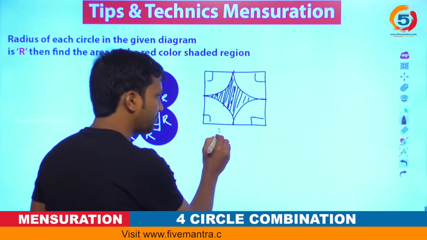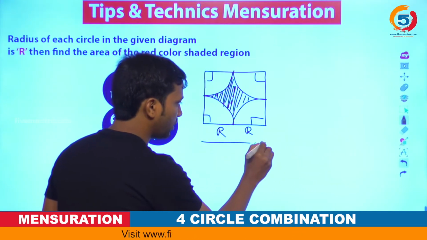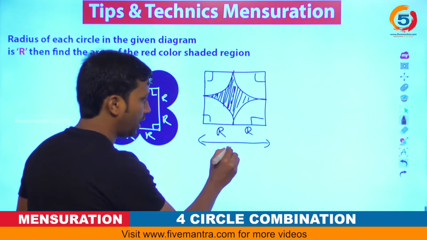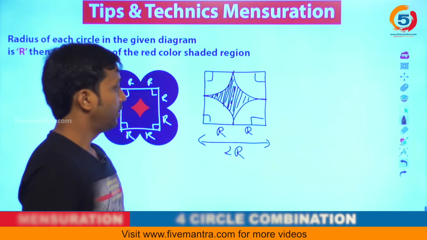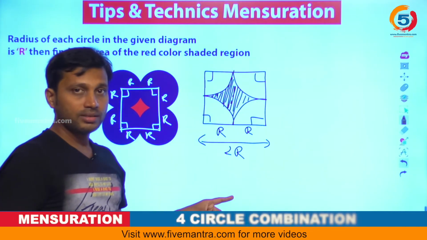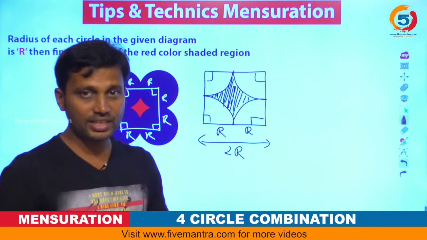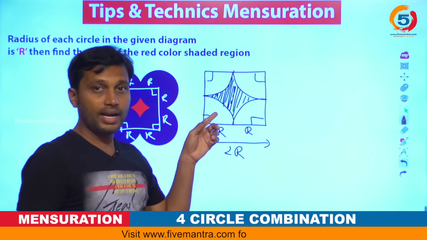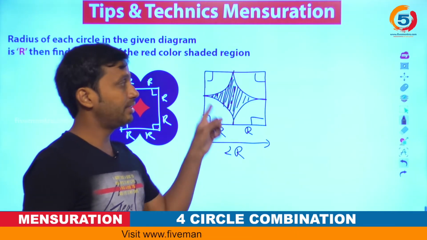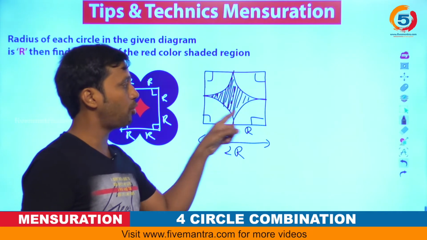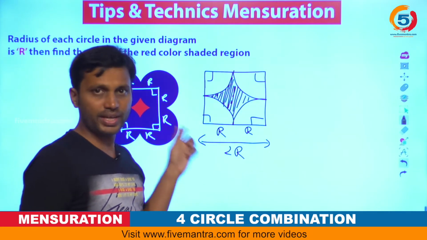Now, what analysis can we do? Each radius is r. Now, this total length is 2r. Now, all the sides are 2r. So, this is a square. If we want to find the shaded region, then we have to subtract the 4 unshaded portions from the entire square.